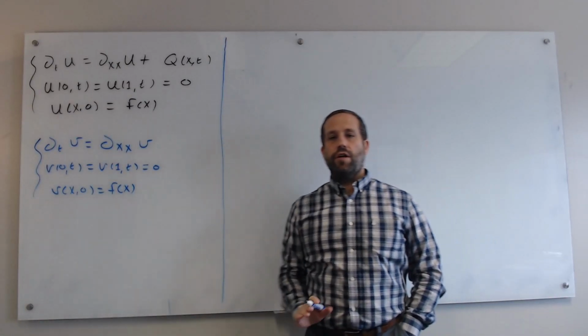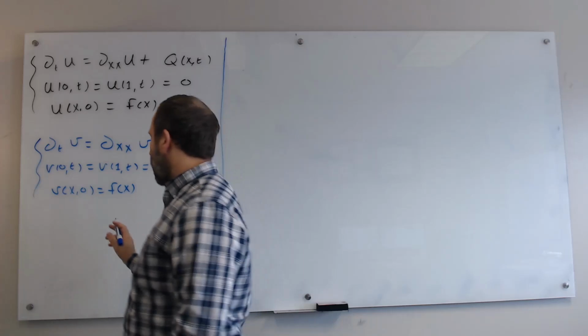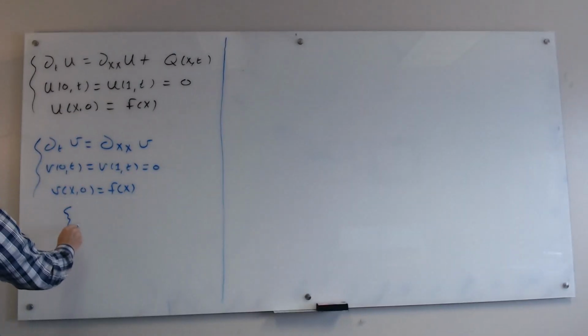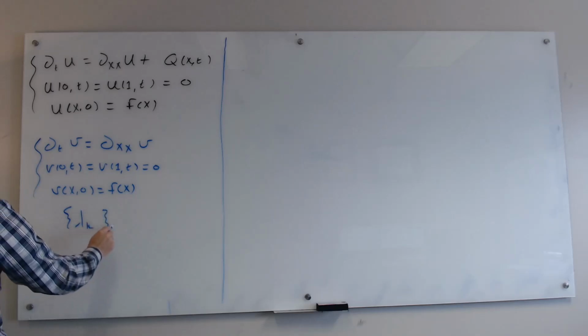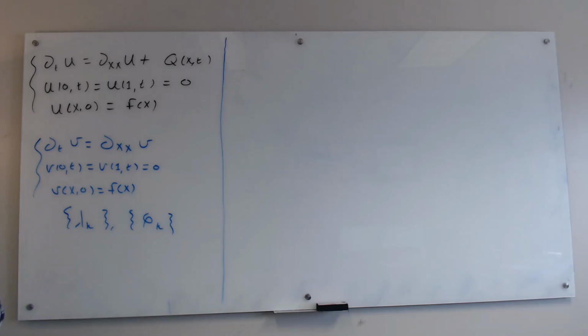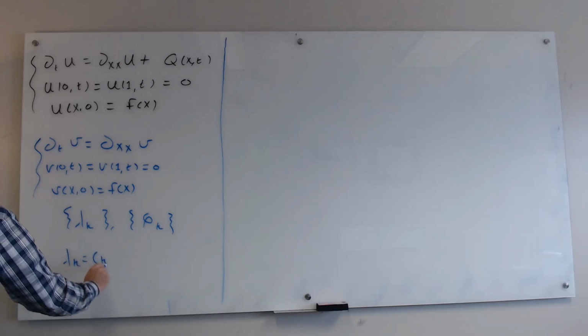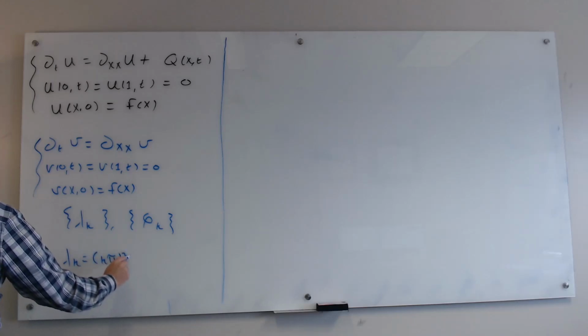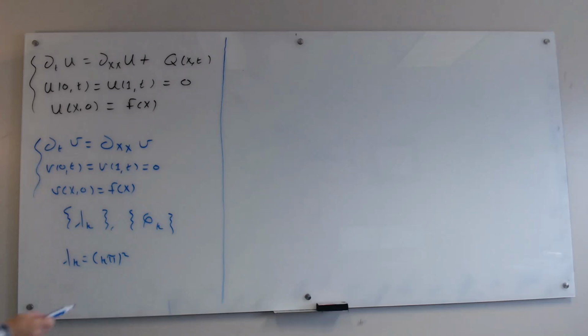We can find the eigenfunctions and eigenvalues exactly, but I just want to do this generically. We know we're going to get a set of eigenvalues, lambda k, and a set of eigenfunctions, phi k. Now, for this problem, lambda k is going to be equal to (k pi) squared, which is typical. That's what we've always had.